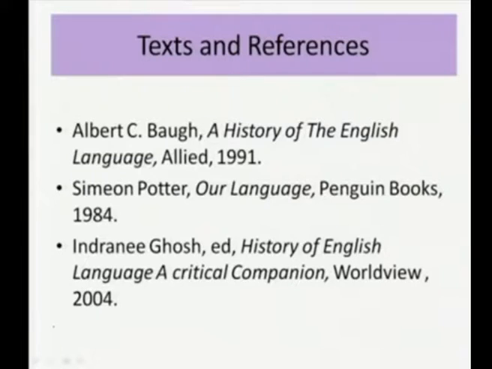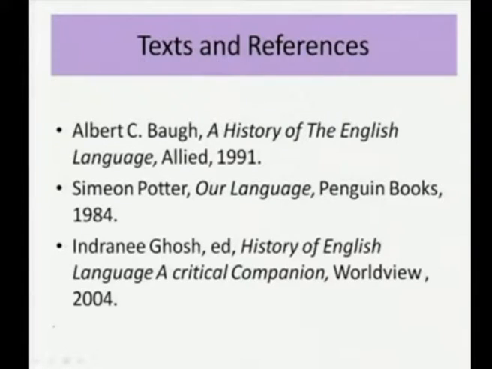As always, let us look at the texts that are going to be with us throughout. I am looking at some of the more well established texts, texts that are still today used as textbooks in undergraduate English major courses in different parts of India and also abroad.